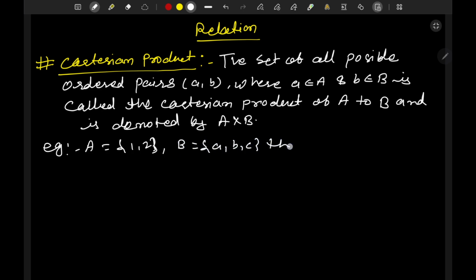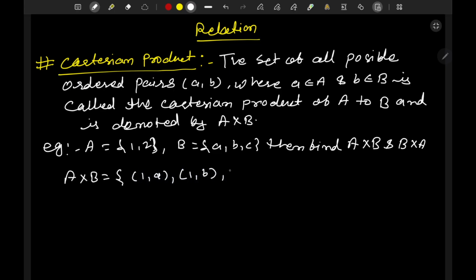Then find A cross B and B cross A. For A cross B, we take the first element from set A: (1, a), (1, b), (1, c). Then (2, a), (2, b), (2, c).